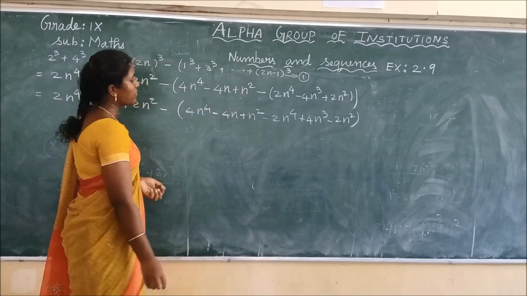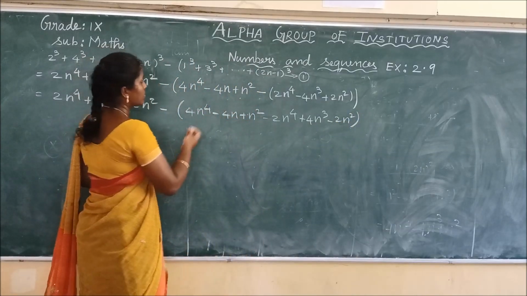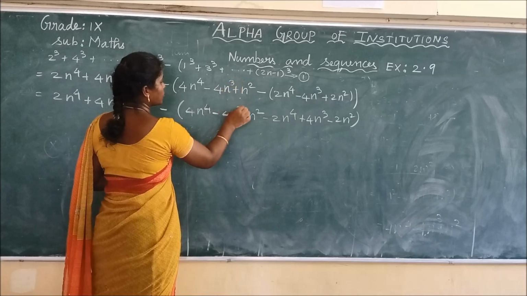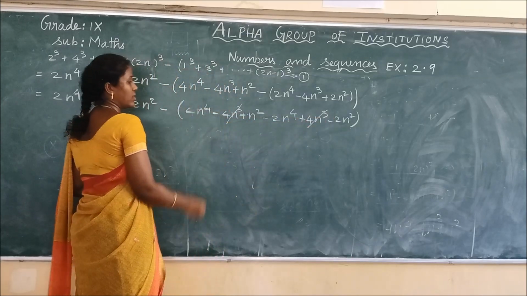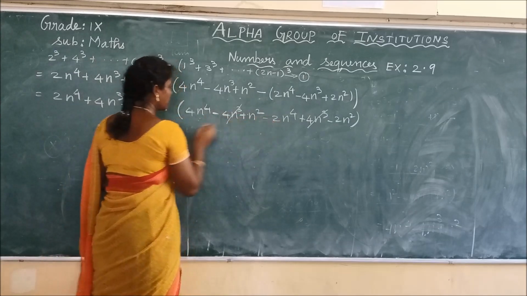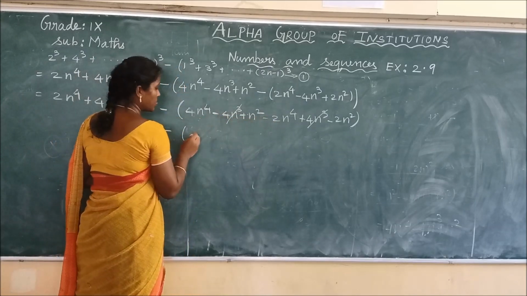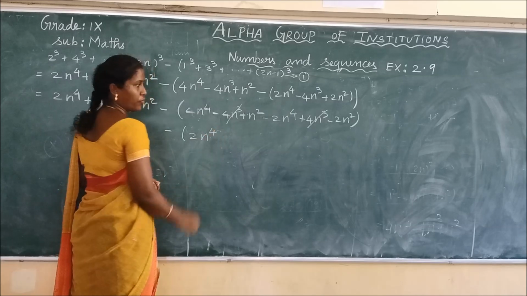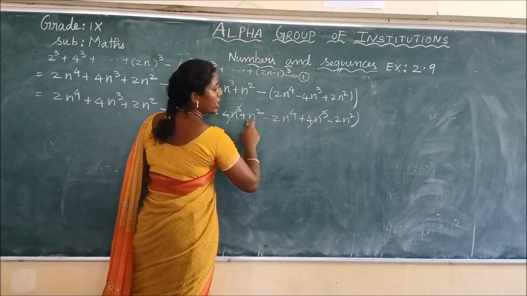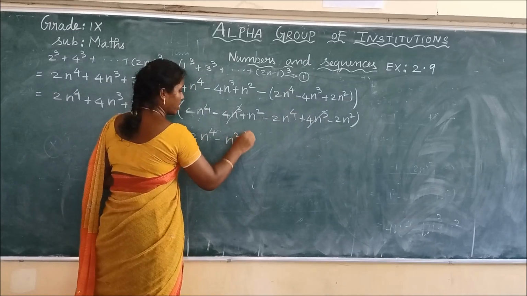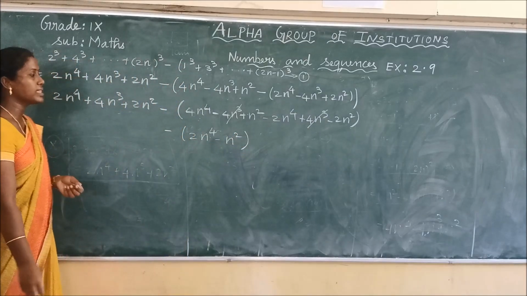What are the things we can simplify here? Plus 4n cube and minus 4n cube will get cancelled. 4n power 4 minus 2n power 4, 4 minus 2 is 2, so 2n power 4. And n square, 1 minus 2 is minus n square. So 2n power 4 minus n square.